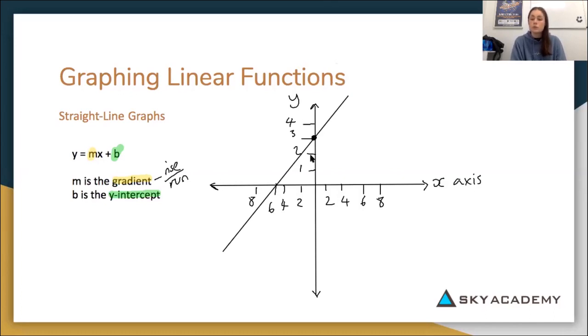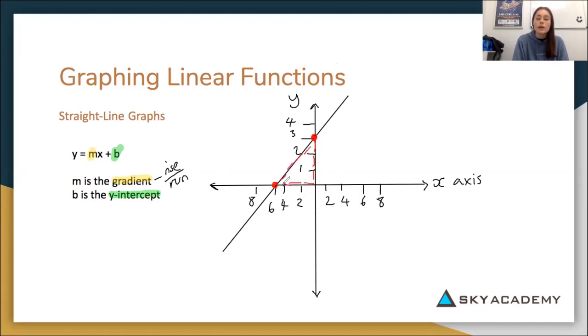Rise over run is where you make a triangle for your rise and for your run. What that means is that you find 2 points on your graph. I'm going to choose this point and my y-intercept point. And then as you can see where my red line goes, it kind of makes a triangle.